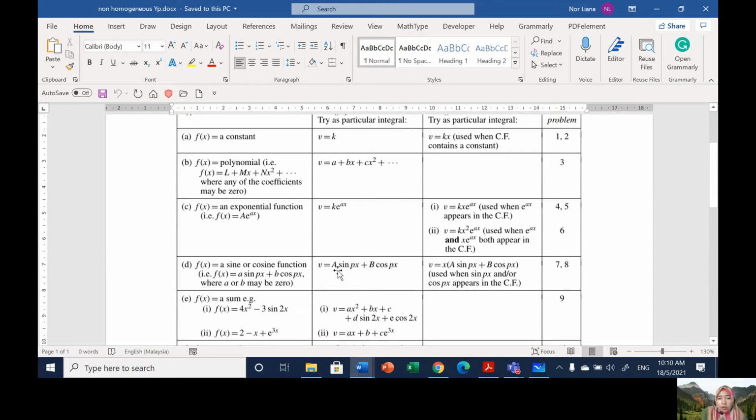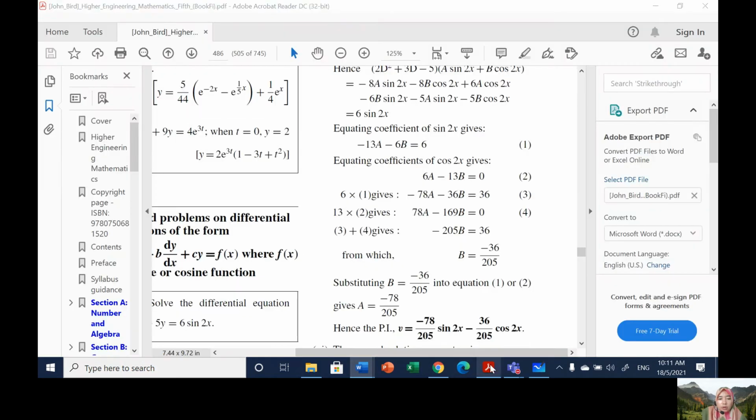Here we cannot use the same symbols A and B because these A and B represent constants. So in yp we are going to use different symbols such as C and D. When we refer to our equation just now, we have 2x, so we use the same 2x.